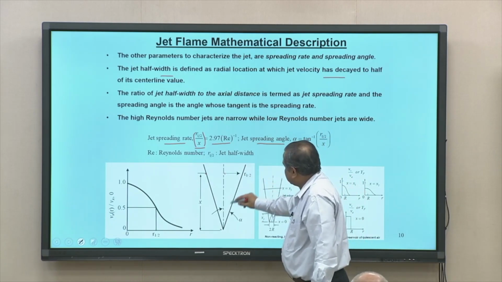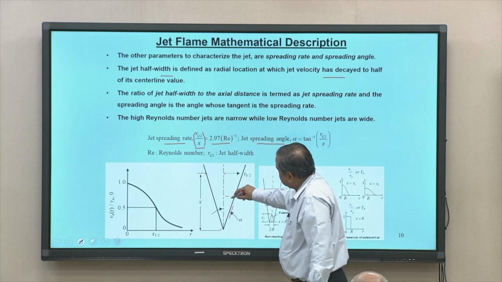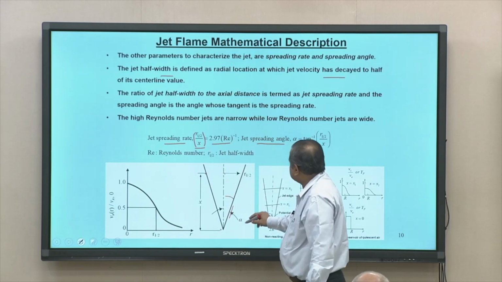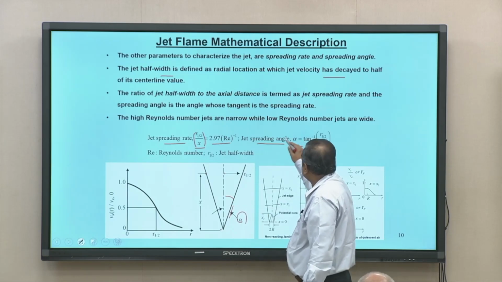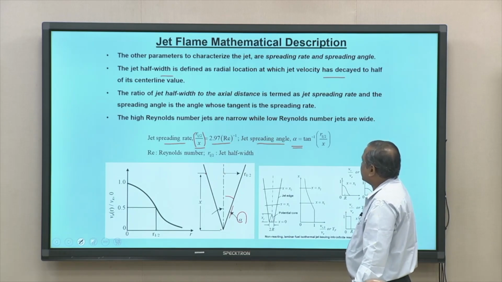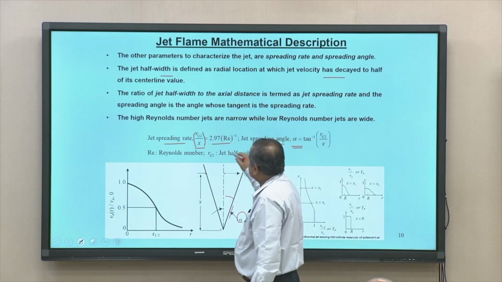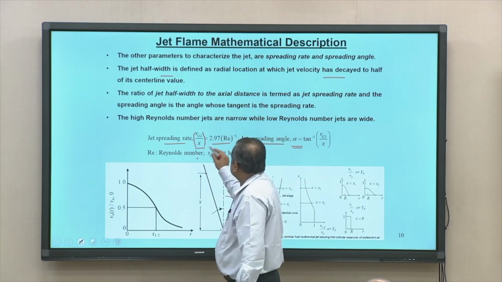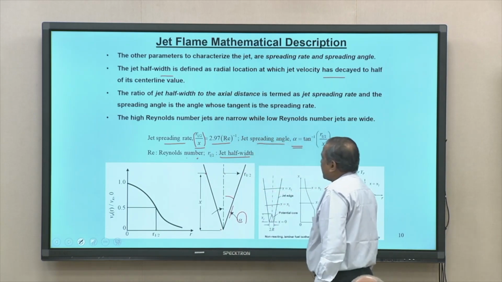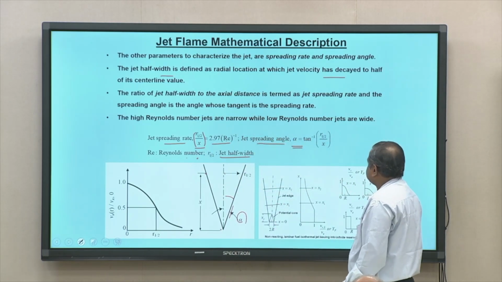So this angle, r half to this x, is known as alpha, what is called the jet spreading angle. That is tan inverse of r half by x. And here this Reynolds number value stands at a location which is r half, that is the jet half width.